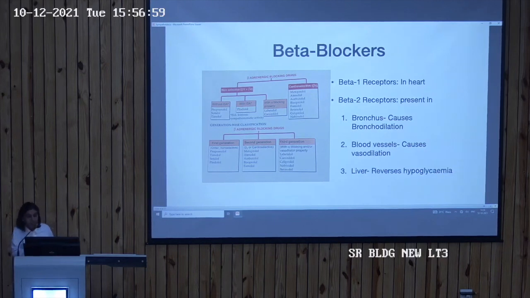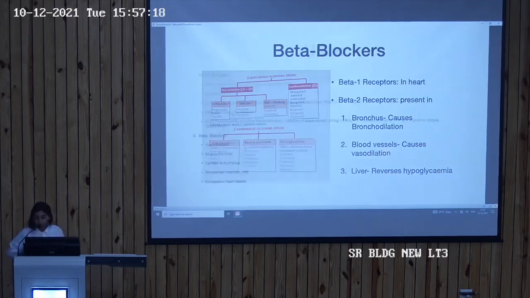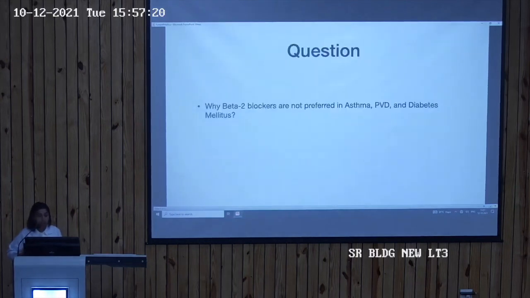In the liver, the function is to reverse hypoglycemia. If this receptor is blocked, then there will be no reversal of hypoglycemia, and that will be a problem in diabetes mellitus. So in these three cases, we never prefer to give beta 2 blockers. Instead, we give beta 1 blockers.